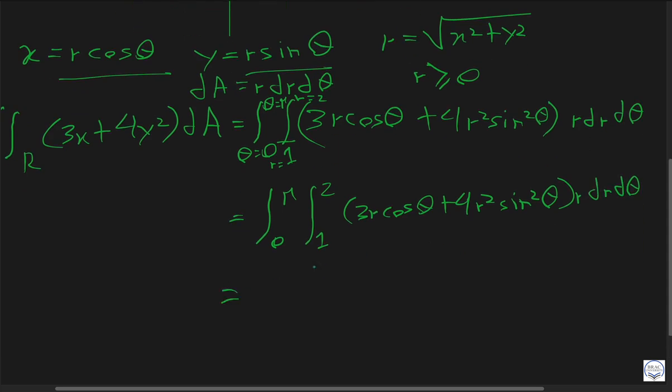Now let's multiply it out, since we have to do the r integral first. So it's 3r squared cos theta plus 4r cubed sine squared theta, dr d theta.